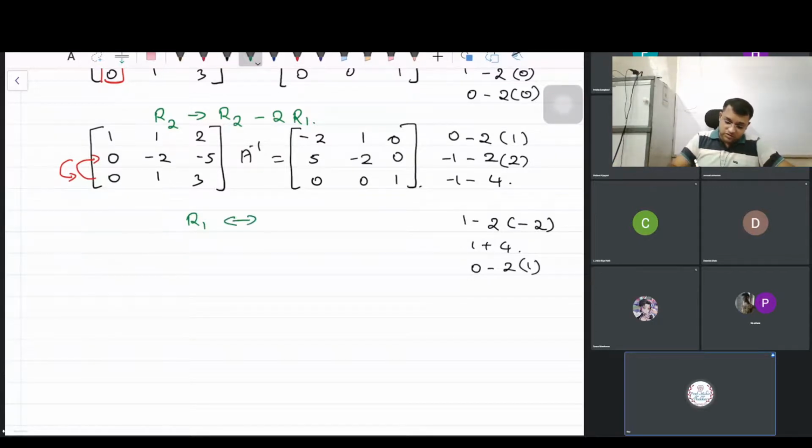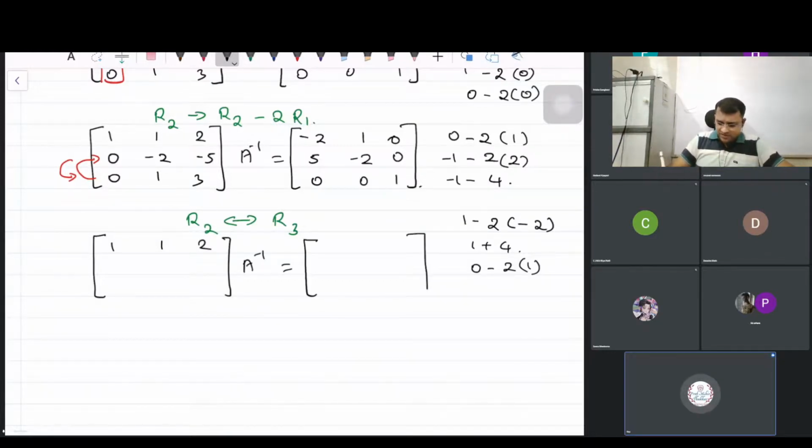R1, sorry, not R1, R2 interchanges with R3. 1, 1, 2, no change over here. Always remember, whatever you don't have to change, just copy it down from above so that we don't make mistakes over there. And then apply the corresponding changes as per our requirement. So 0, 0, 1, 5, -2 and 0.